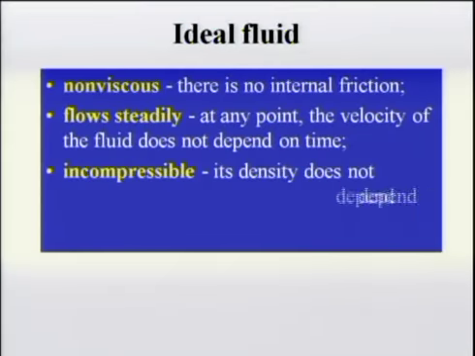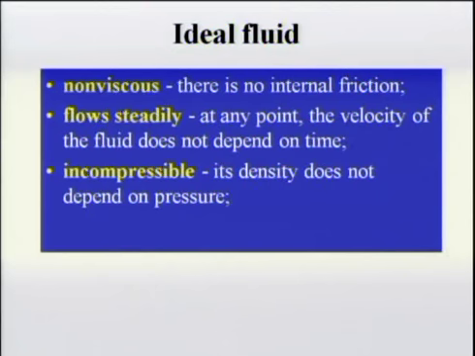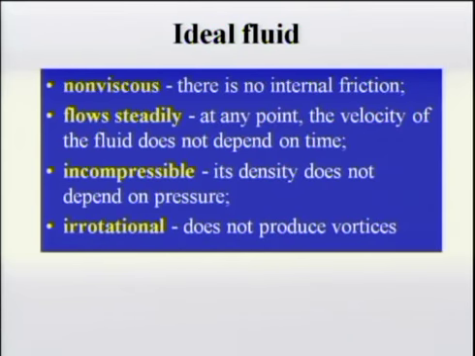It is incompressible, so the density does not change. Bulk modulus is infinite in principle. So no matter what the pressure is, it has the same volume, and it does not produce vortices. This is a description of an ideal fluid.